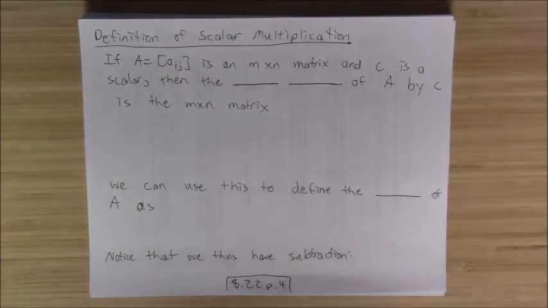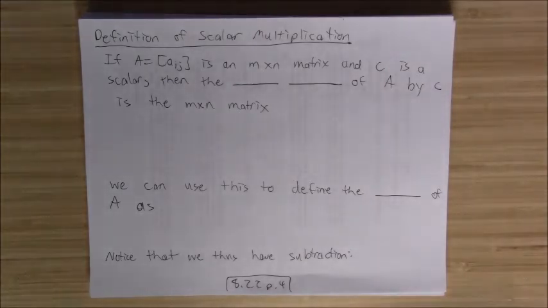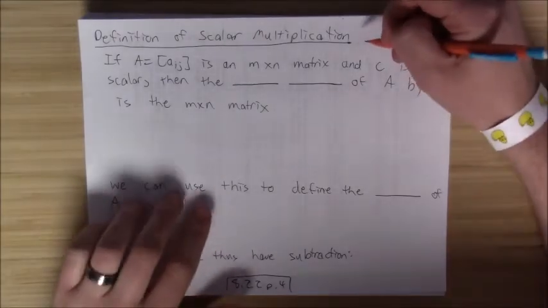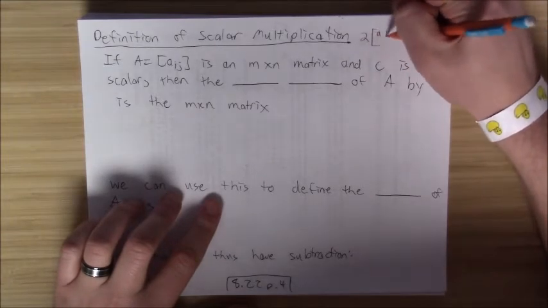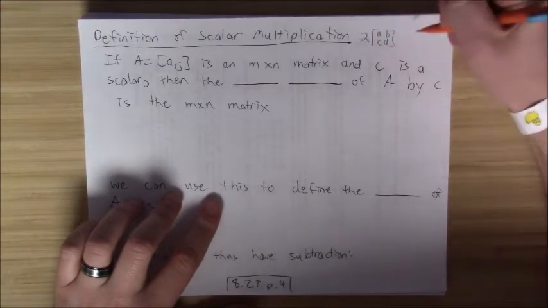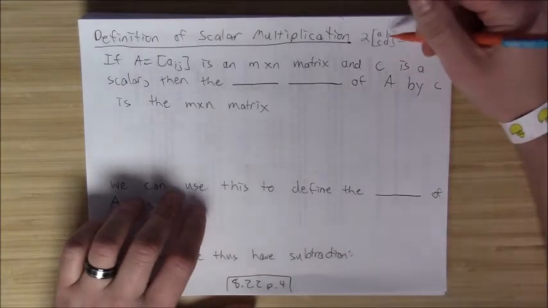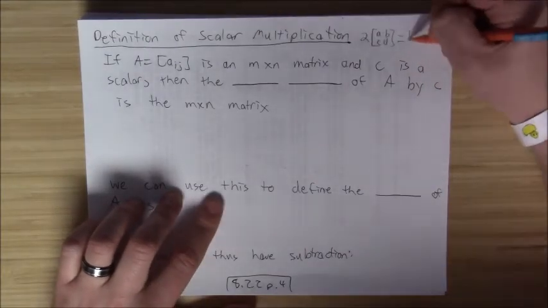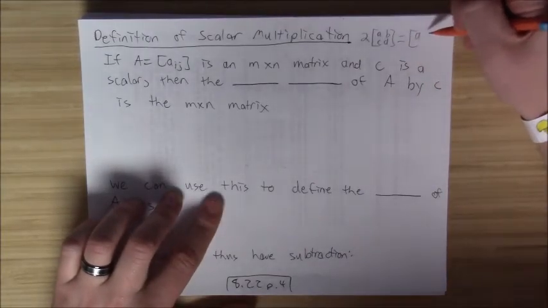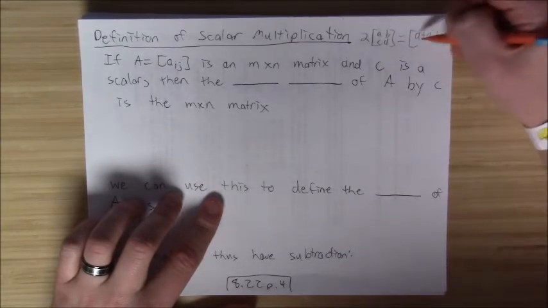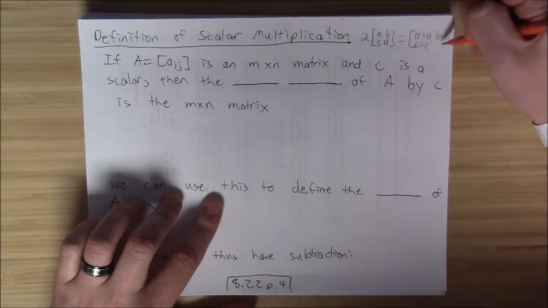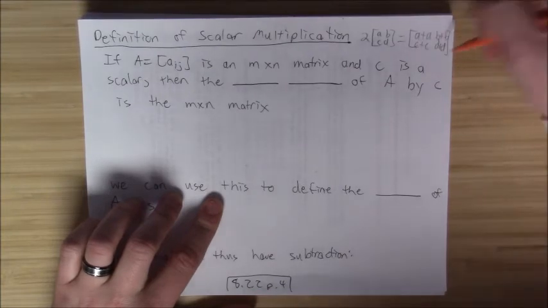So before I go too far into scalar multiplication, I do want to note something interesting. If we thought of 2 times a matrix with entries A, B, C, D, normally that's 2 times that matrix, but it would be the matrix added to itself: A plus A, B plus B, C plus C, and D plus D, using addition.